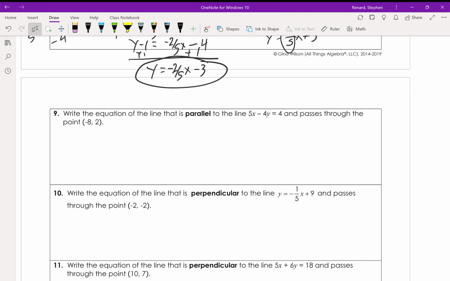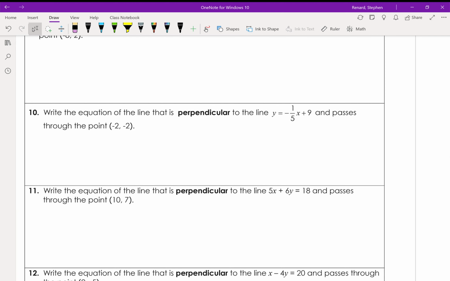Number 9 is basically the same thing. The only thing is you're dividing by a negative 4 to get the slope, so keep track of your negatives. On number 10, our slope is negative 1/5, but it's perpendicular. Remember, perpendicular lines have negative reciprocal slopes of each other.